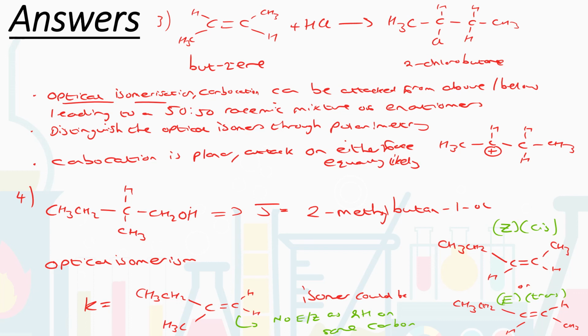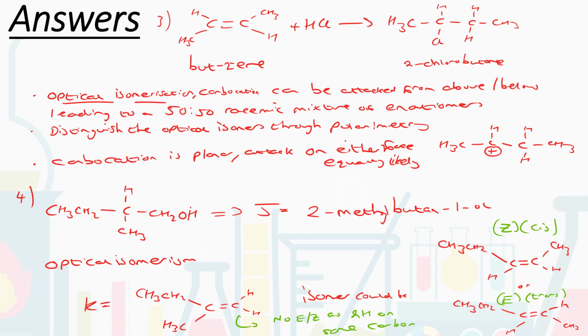And then finally, it was to draw the structure of an isomer of K, which shows stereoisomerism. Now, K was an alkene, so when we think about the isomers that show stereoisomerism, again, it's the E and Z isomer, so we need to draw out our Z isomer and our E isomer. And so to draw out our isomer, remember that we can't have EZ isomerism if we have 2 of the same group attached to a single carbon.